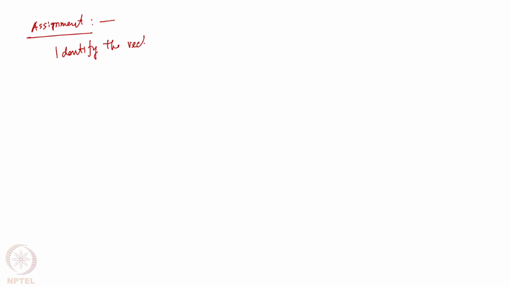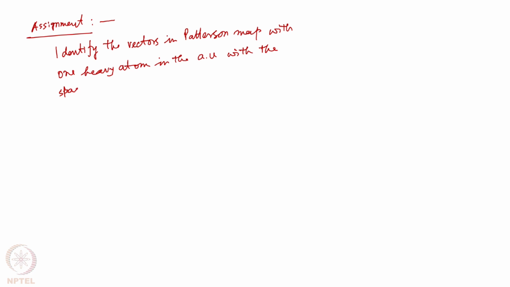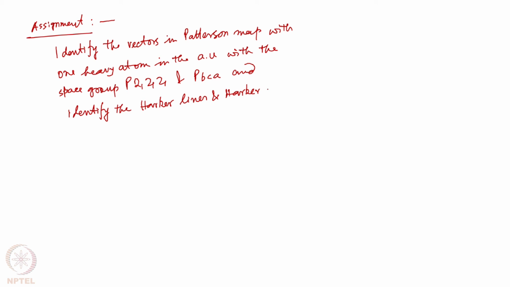Identify the vectors in Patterson map with one heavy atom in the asymmetric unit with the space group P212121 and PBCA separately, and identify the Harker lines and Harker sections.